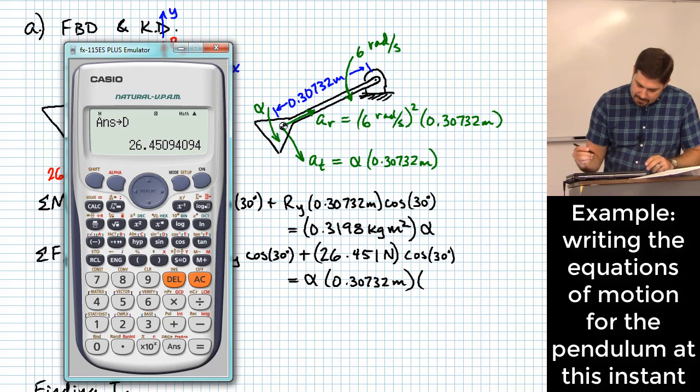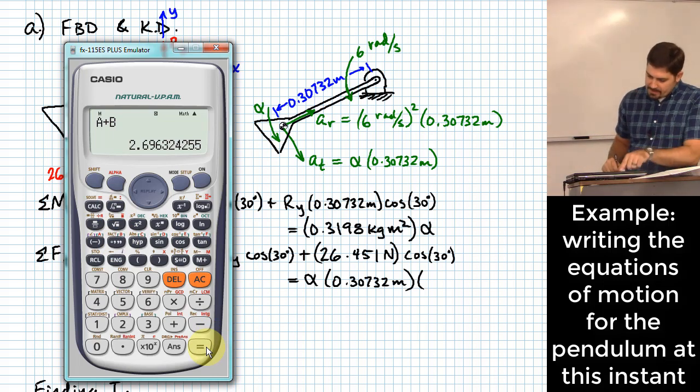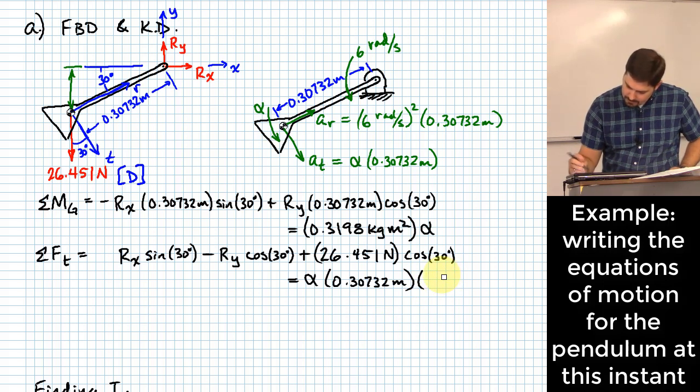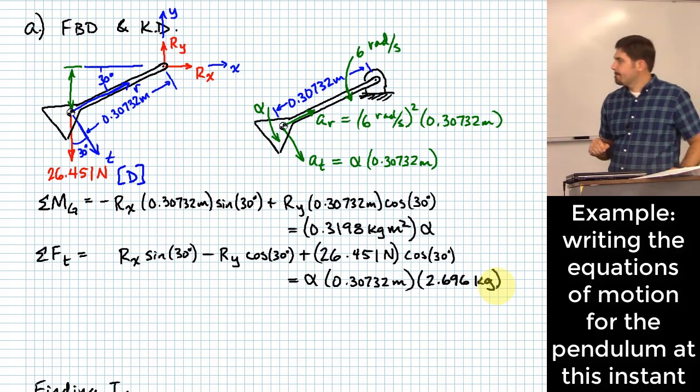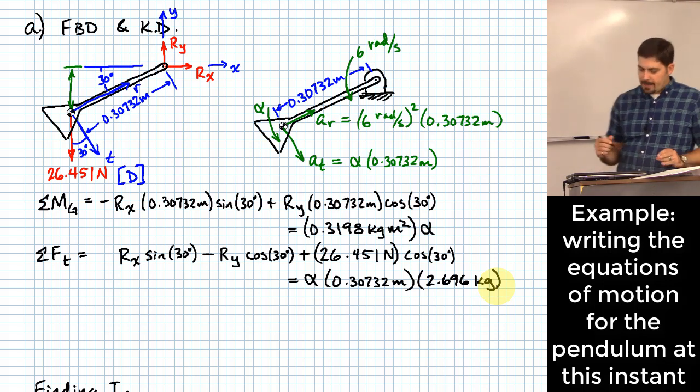I wanted to do A plus B. .696 kilograms. All right. We have one more equation to write.